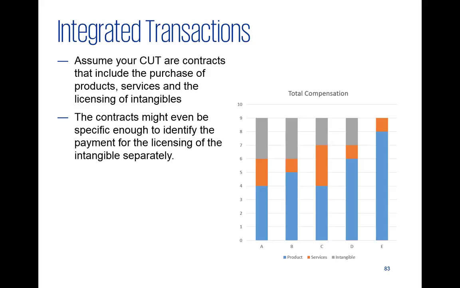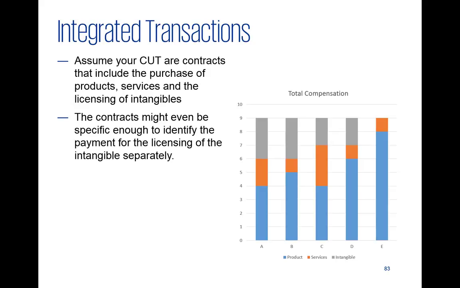So let's assume that your CUTs are contracts that include the purchase of both products and services and the licensing of intangibles. And here we've got 5 CUTs to look at: A, B, C, D, and E. And we've taken the total fee that was paid in each of these examples and broken it down by whether it's paying for the products or the services or the intangibles.